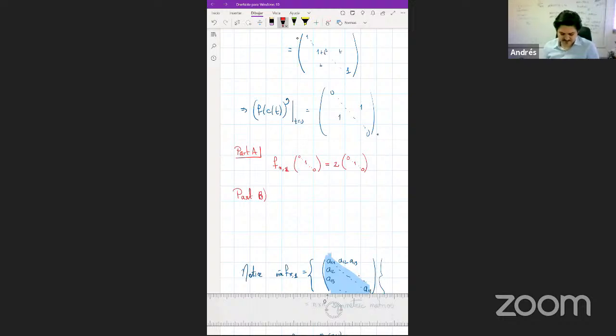On part B, we computed, we put a 1 anywhere outside the diagonal.